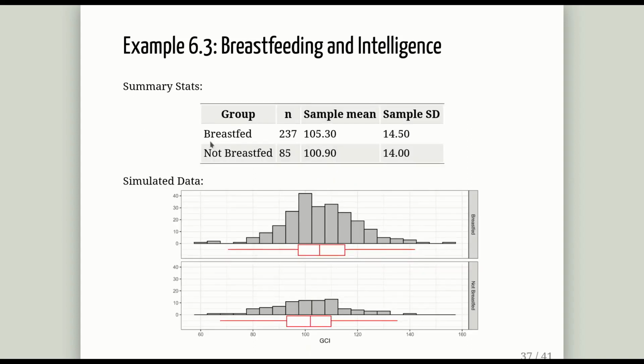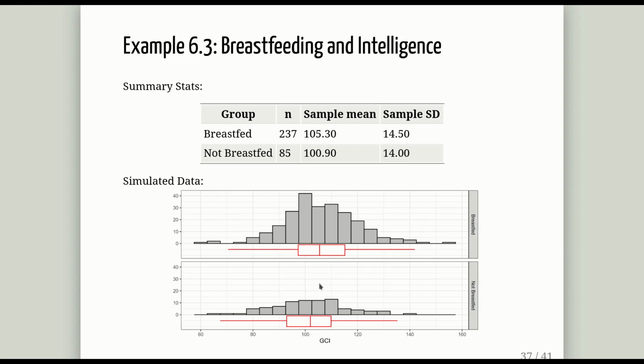The book doesn't give us the full data for the study. The authors of the book may not have had the full data, but they've provided enough sample statistics that it's relatively easy to simulate data. Here you can see that the entire box plot for breastfed infants is shifted just slightly over.